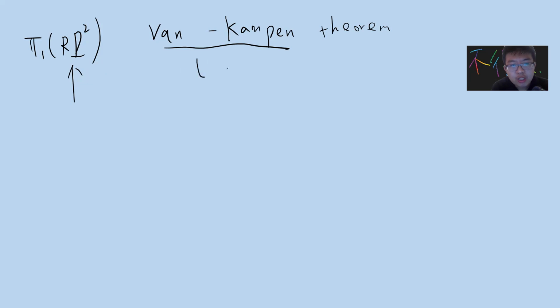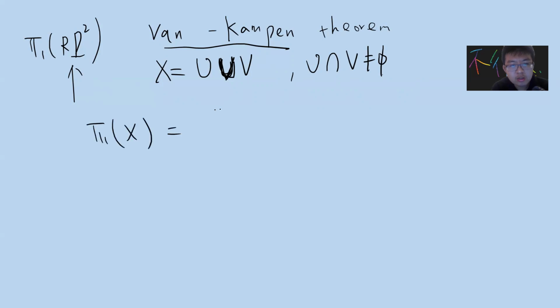So let's say you write your space X as the union of U and V, both of which are open and their intersection should be non-empty. Okay, so now your pi1 of X will be pi1 of U, free product pi1 of V, but free product with something over U intersection V. Okay, so what this means is that you take the generators.